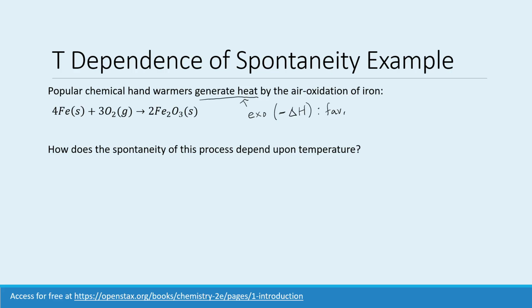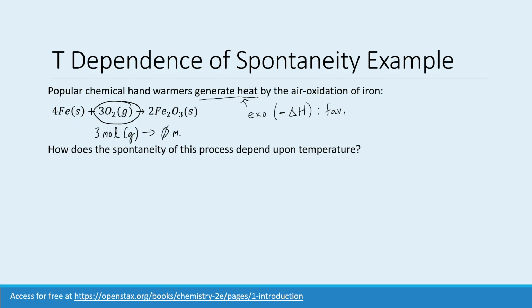And then to look at entropy, remember we've got to go back and look at the reaction and what's happening to our molecules. And the most important thing are phase changes, right? So gas is going to be the most disorder and solids are going to be the least disorder. And so if we look at the total moles of gas on the reactant and the product side, we have 3 moles of gas on the reactant side.